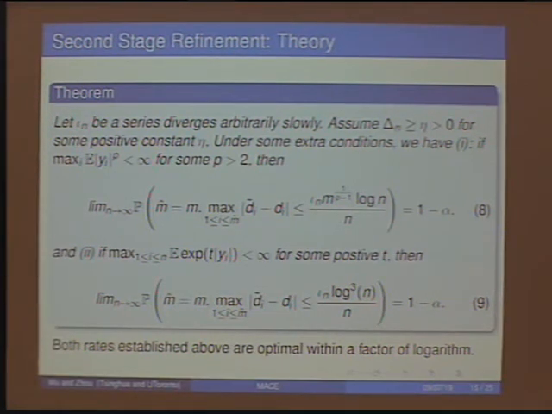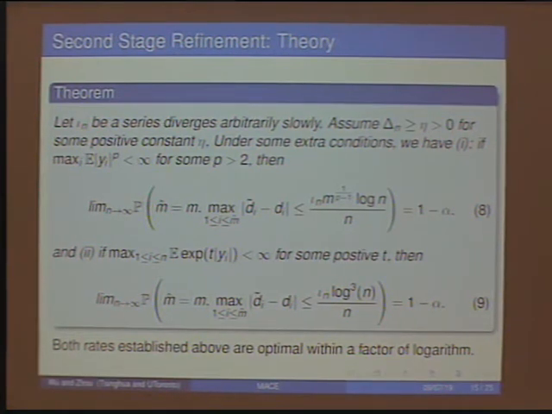And it turns out that those rates, m to the power 1 over p minus 1 times log n divided by n, and log n to the power 3 divided by n, are optimal. In other words, they are optimal parametric rates. So if you have parametric change point detection algorithms for IID data, you can only get this kind of rates. Okay, so you cannot improve it, in this sense.